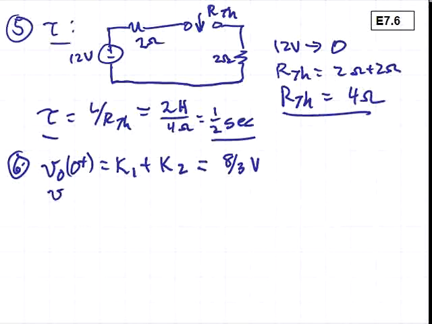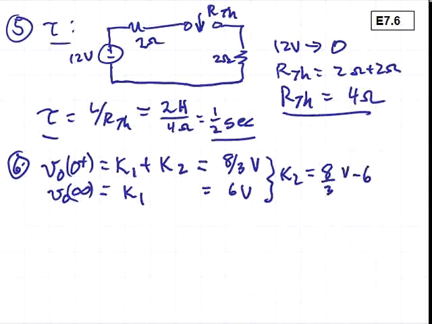And then VO at infinity will equal just the coefficient K1, and that is equal to 6 volts. The result of this is that we can solve for K2, which is 8/3 volt minus 6 volts, equal to minus 10/3 volt. K1 is 6 volts.